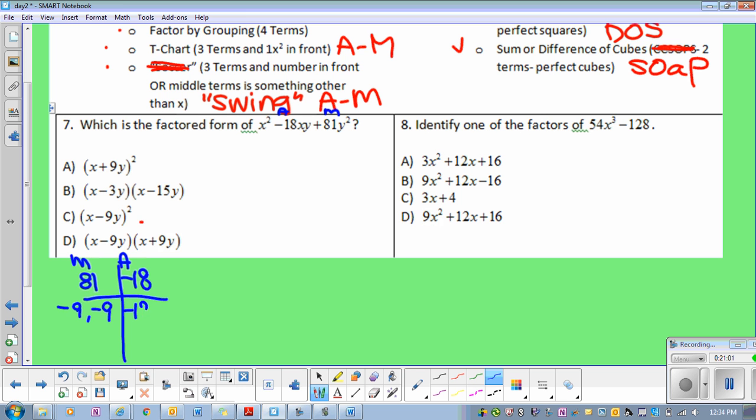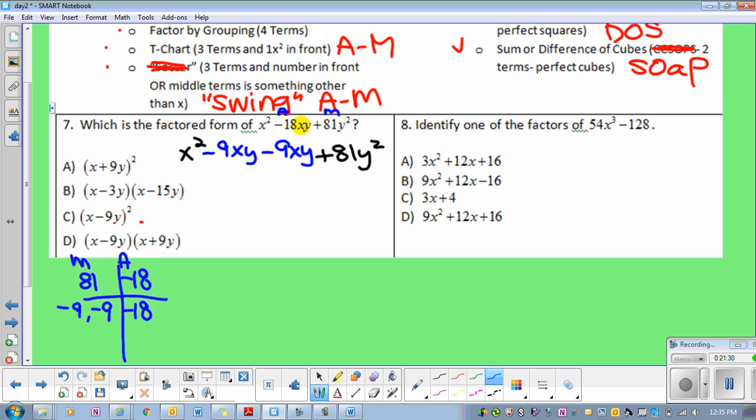Good. So that tells me bring down the first. Bring down the last. And then in the middle, you're going to rewrite that xy term using the 2 numbers that we found. So the 2 numbers are negative 9 and negative 9? So minus 9xy minus 9xy.